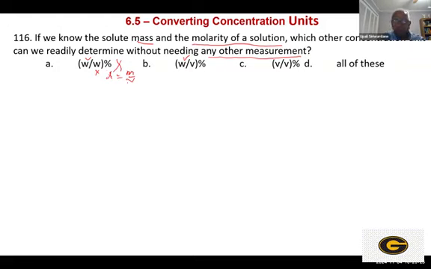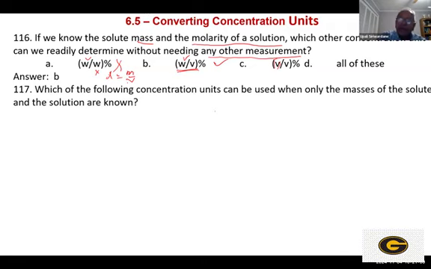So you cannot calculate weight of the solution without the density. This is the only one. Here on top part, volume cannot be calculated by mass and molarity. Therefore, correct answer is B.